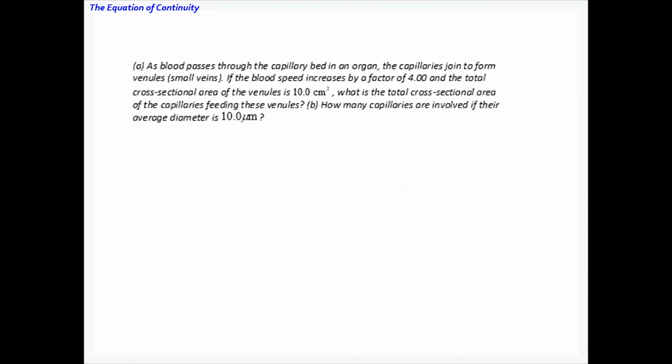All right, this is the last question, then I'm done. As blood passes through the capillary bed in an organ, the capillaries join to form venules, small veins. So there are capillaries here, lots of capillaries. Okay, they join to form venules.